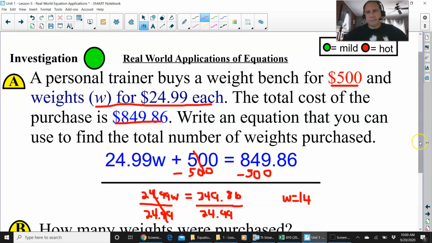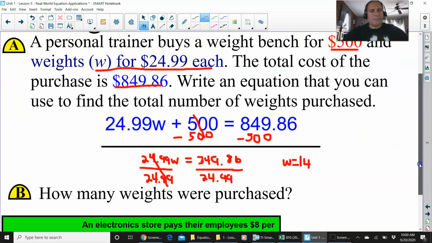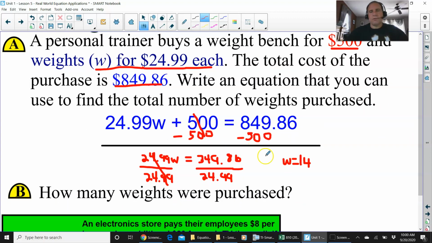How many weights were purchased? By the way, this just wanted the equation. You got credit for the equation, but now you had to solve it and answer B, how many weights were purchased, and then you would say 14 weights and show your work for B. That's kind of like all your work for B.